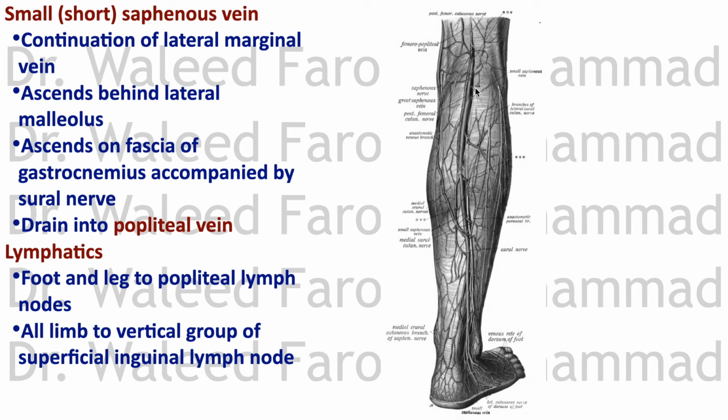Okay? Lymphatics of the leg and foot go first to the popliteal lymph nodes, the ones we talked about, and then from them to the superficial inguinal lymph nodes, the inferior group of superficial inguinal lymph nodes.